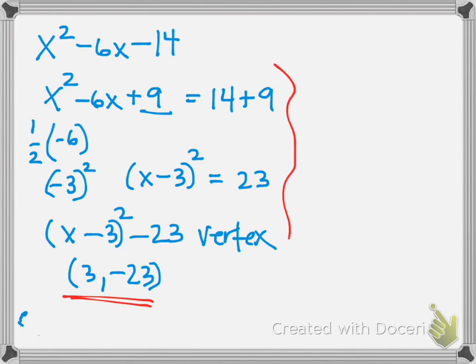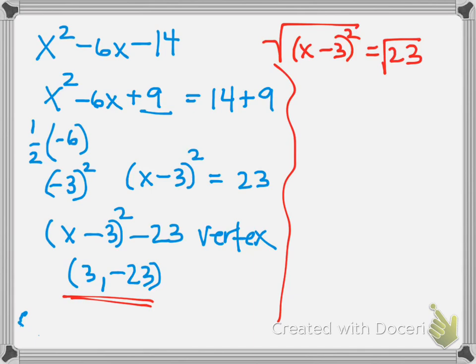Okay, so the other thing you could do from this step is solve for x and get the x-intercepts. By doing that, I just take the square root of both sides: plus or minus root 23.